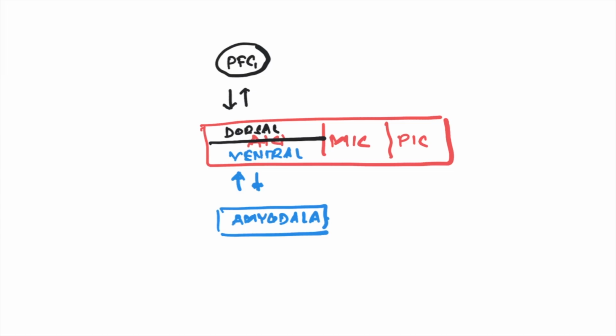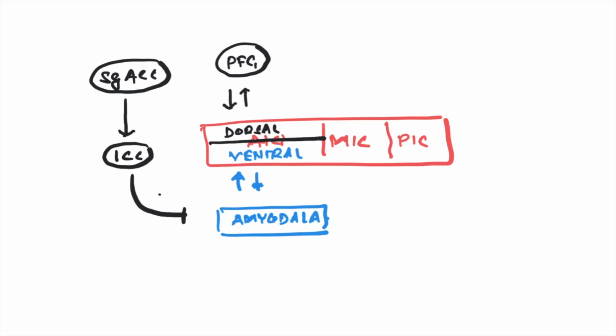And through connections that we talked about in our previous video, we drew the subgenual anterior cingulate cortex, which is present on the medial part of your prefrontal cortex, which is also called the ventromedial prefrontal cortex. And in the previous video, we learned that this particular area of the brain will stimulate the intercalated cells in the amygdala, which are responsible for inhibiting the amygdala.